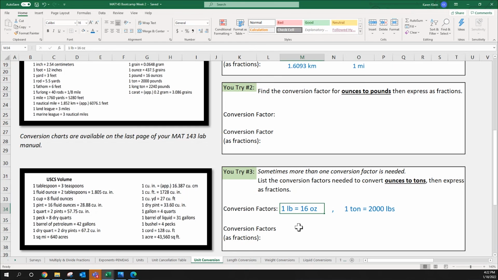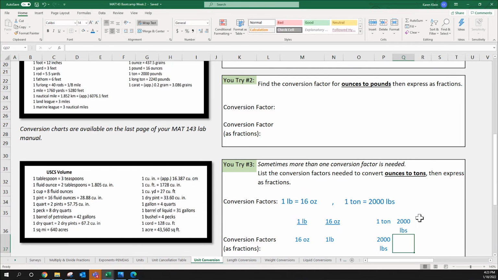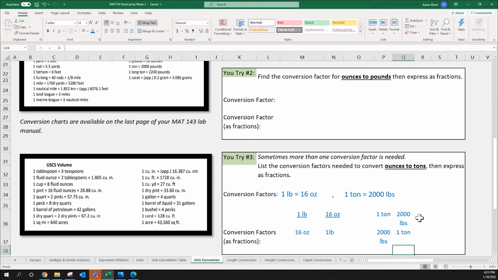So this first one could be written as 1 pound over 16 ounces, or we may write this as 16 ounces over 1 pound. The second fraction could be 1 ton over 2,000 pounds, or it might be 2,000 pounds over 1 ton. And again, this would be my fraction listed as it is here.